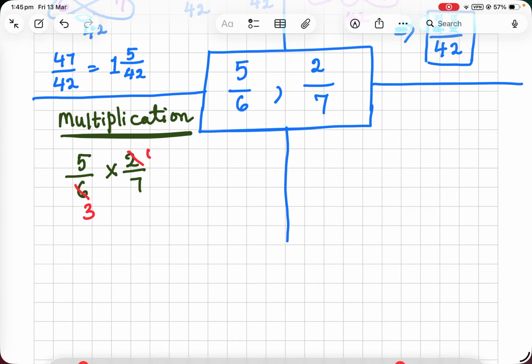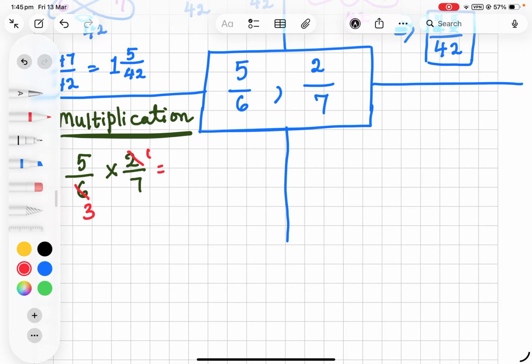Once you do this, remember, you can only multiply numerator times numerator and denominator times denominator. You cannot simply multiply 5 times 7 here.